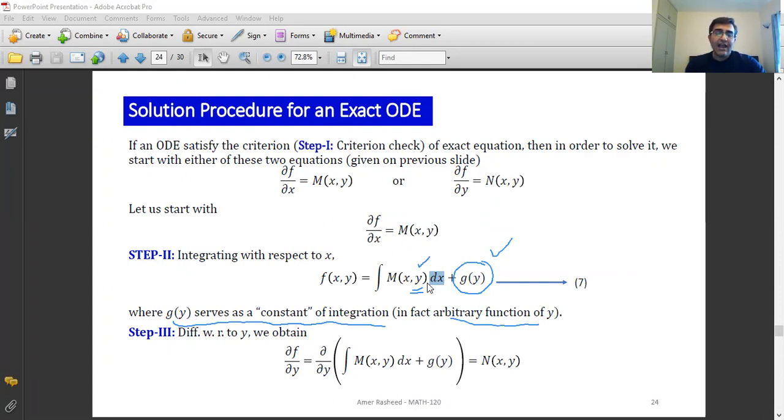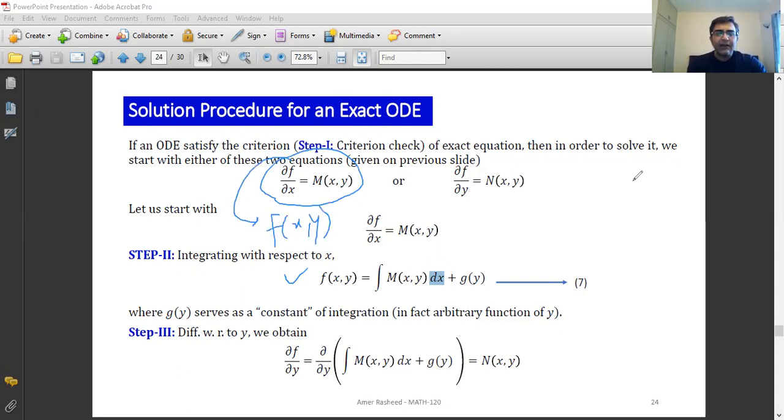That's why we add a function of y. I hope you got it. Now we obtain the function f of xy. This is what our purpose was: to find a function f of xy which will be the solution of the given differential equation if we put it equal to some constant.